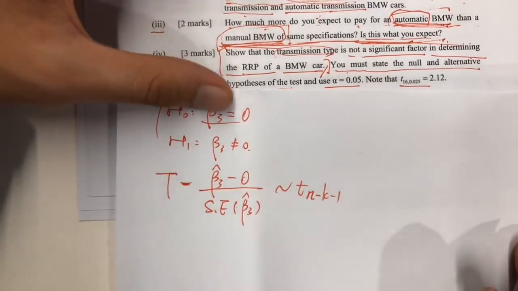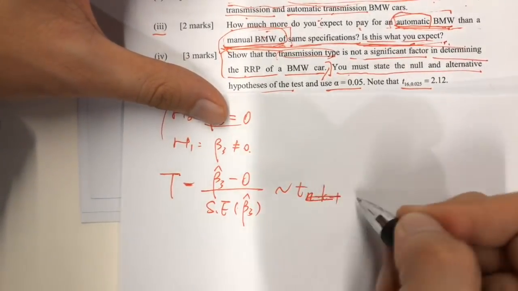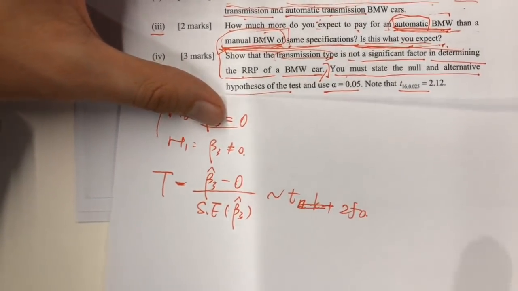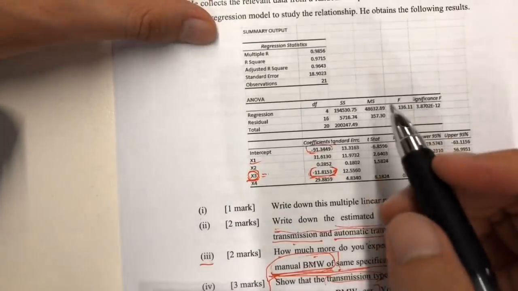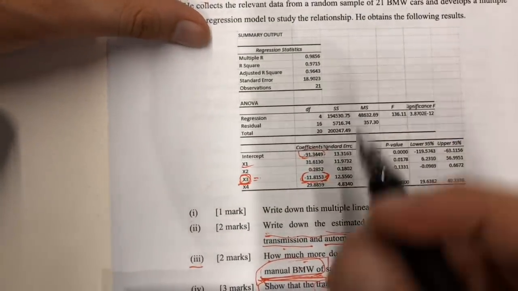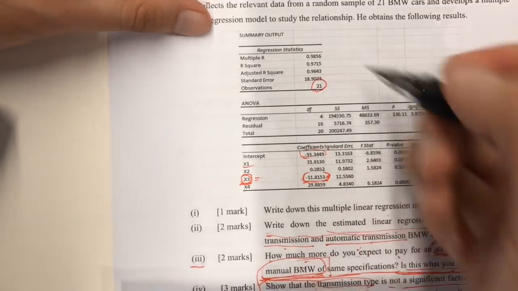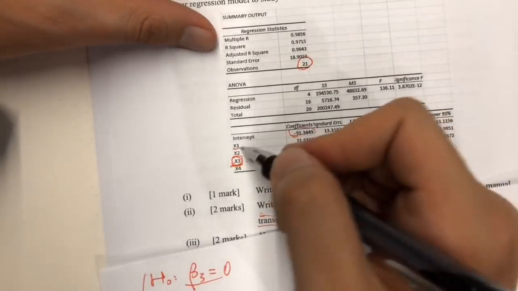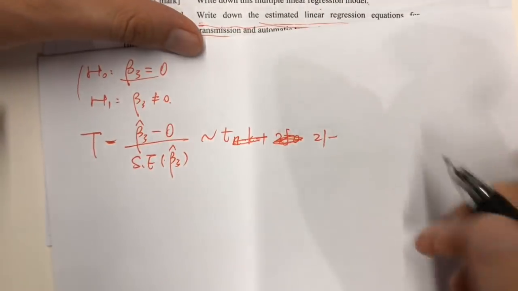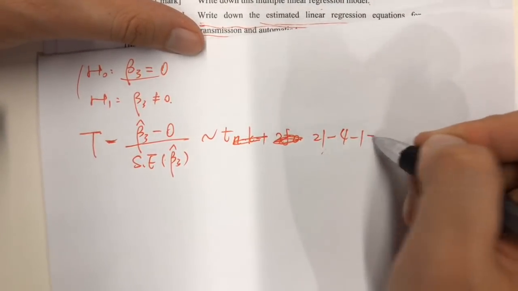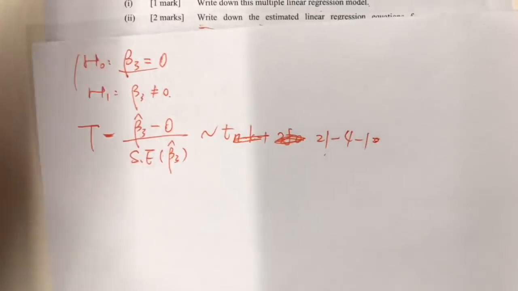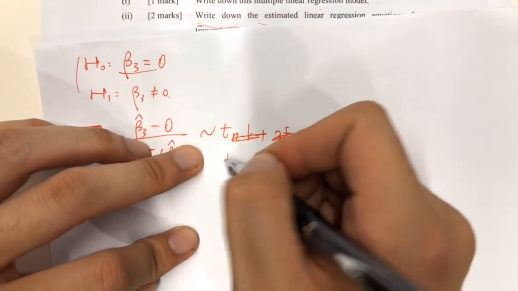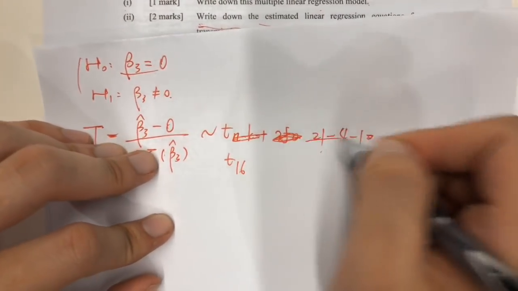And as we discussed just now, n minus k minus 1 equal to 250, right? Oh, no, this is not the same question, sorry. Observation n is 21, and k is 4, right? So it's 21 minus 4 minus 1, so it's 16. So this is t 16.